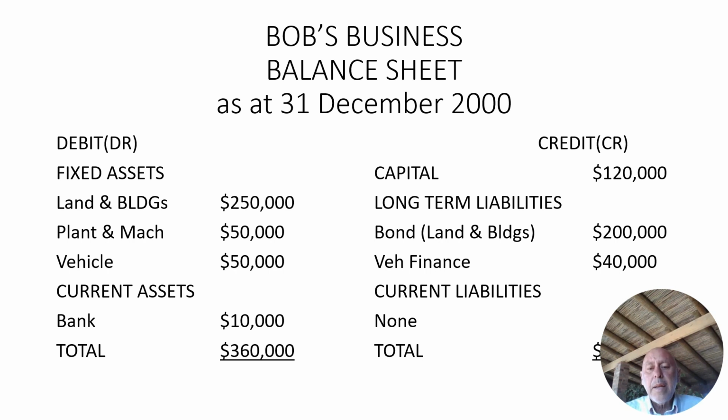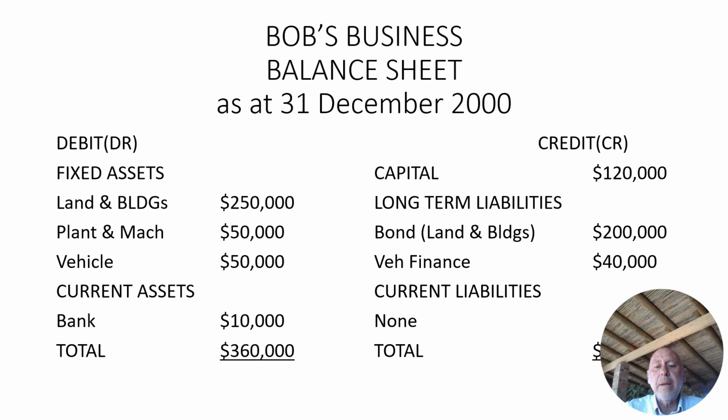All right, so the left-hand side is the debit side of the balance sheet, and the right-hand side is the credit side. Now, again, this is just a name that the whole world has agreed to use. What's on the left is on the left, and what's on the right is on the right. The whole world has agreed to call the left-hand side the debit side, and the right-hand side the credit side.